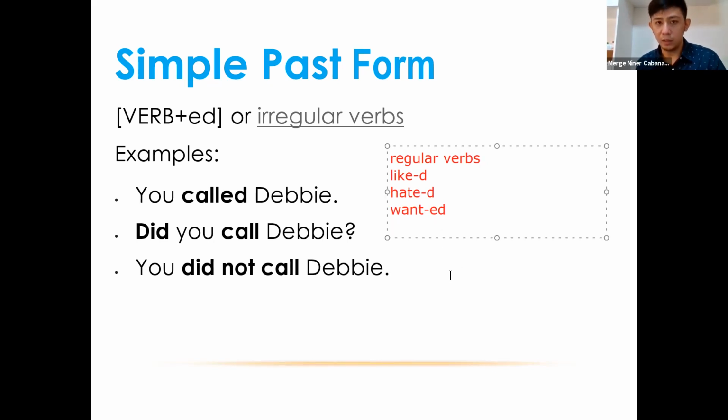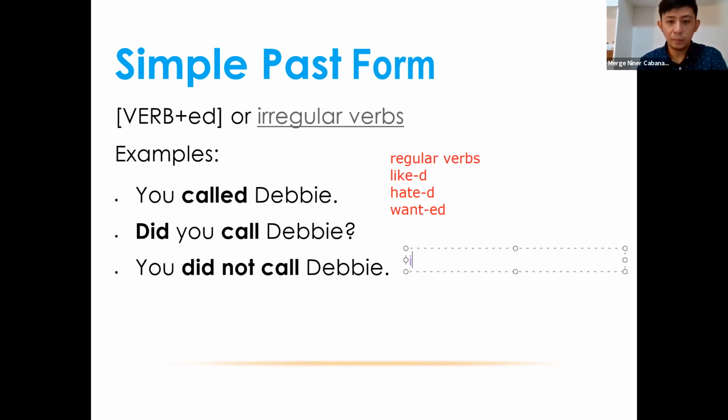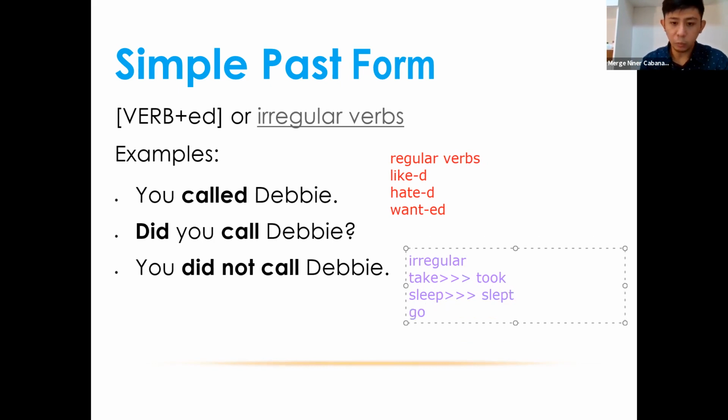For your irregular verbs, we change the word. So take will become took, sleep will become slept, go will become went, see will become saw.